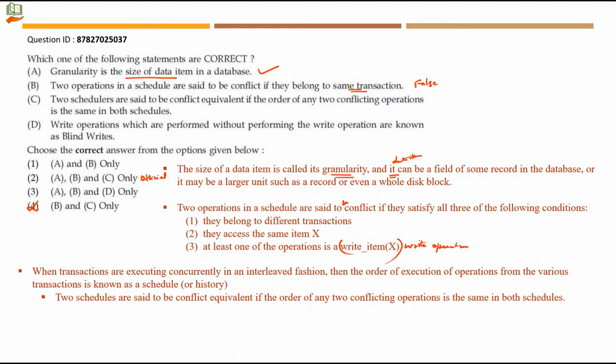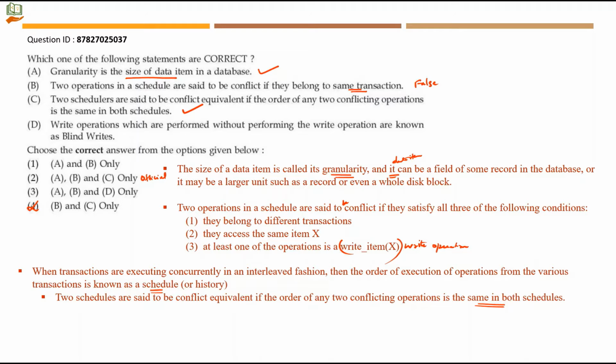So now comes the statement. 2 schedules are said to be conflict equivalent if the order of any 2 conflicting operations is the same in both schedules. If the order is going to be same in both the schedules, then definitely it will be conflict equivalent. When we have change in the order of execution, it need not be in conflict. In that case, we can mark C to be true.